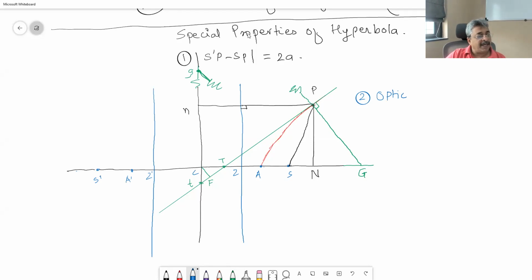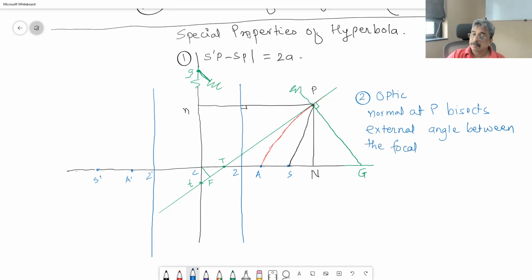Normal at P bisects external angle between focal radii. Okay, so what is focal radii?